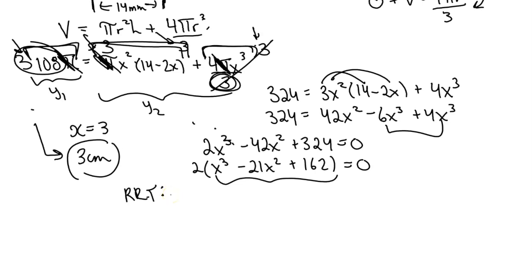So there's plus or minus 1, plus or minus 2, plus or minus 3, plus or minus 6, dot, dot, dot. And you want to try and test a number that's going to give you a remainder of 0. Now we know that the answer is 3 centimeters, so we can try plugging in 3, and let's see what would happen.